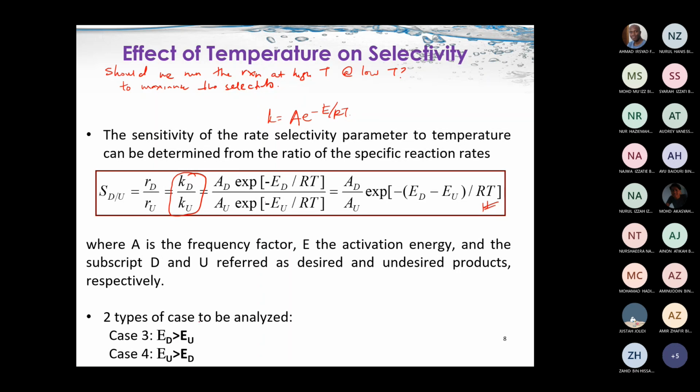Okay, so if you can see the desired one here is much higher than E_U, means that we need a high temperature. While for this one E_U is greater than E_D, means that it must be operated at low temperature. Okay, sebab dia sama je lebih kurang macam konsep concentration.